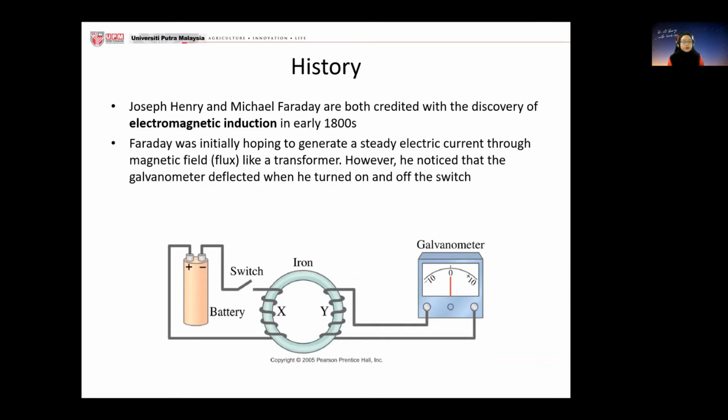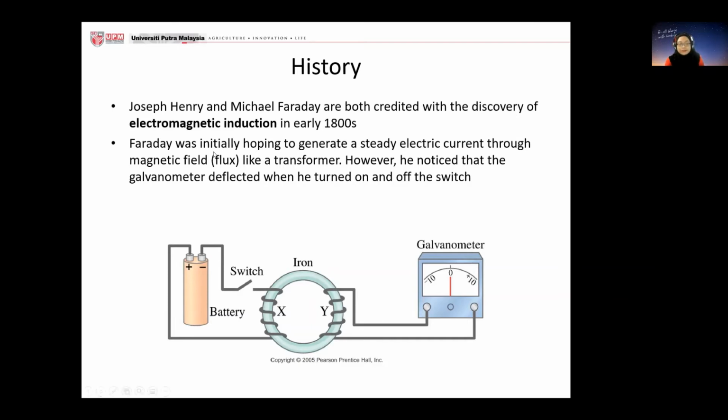So Faraday had this idea: if we can magnetize something from current, is it possible to do it the other way around? A magnet which can then generate current. He just wanted to check that.